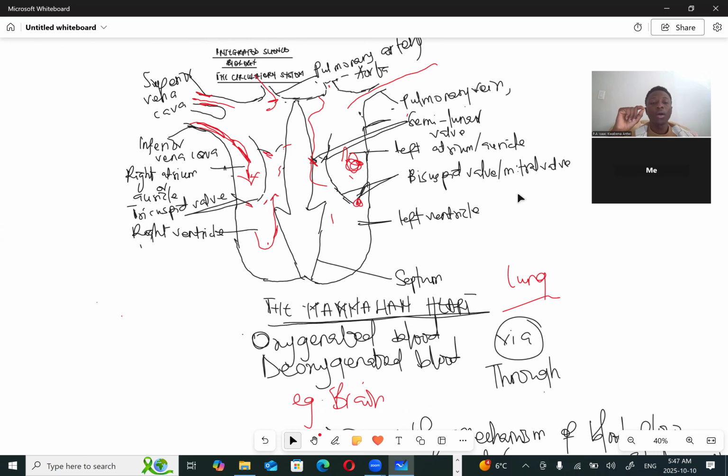So now, it receives blood from the upper part of the body, or it allows a flow of blood from the upper part of the body to get to the heart. However you feel comfortable with.